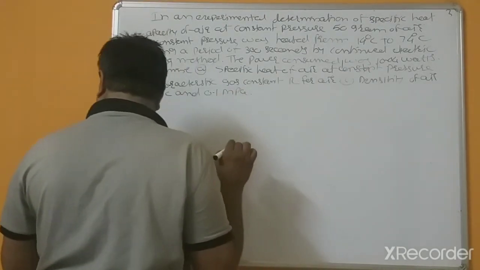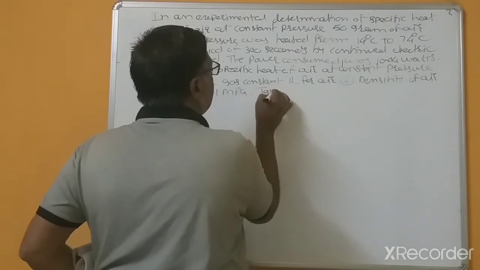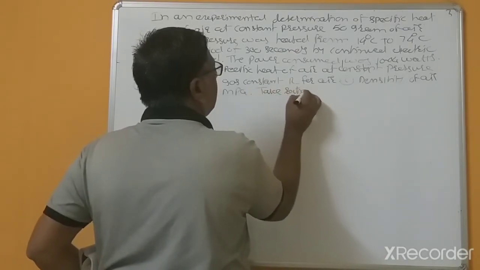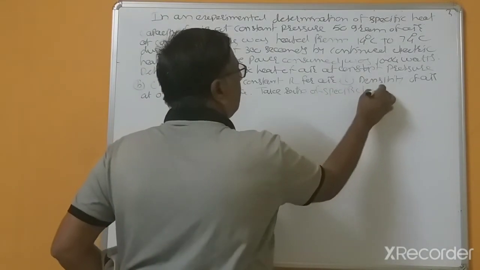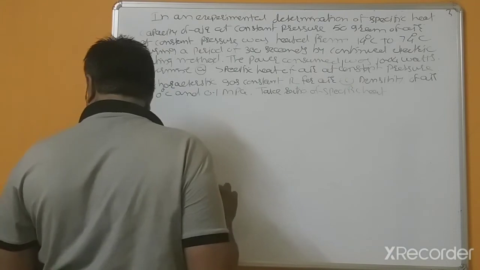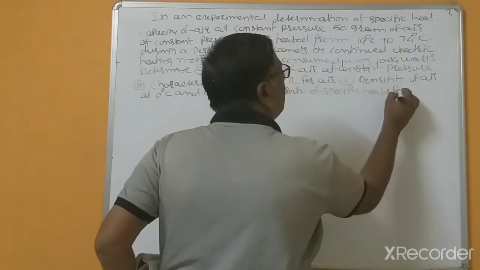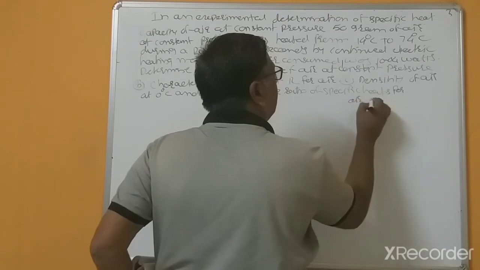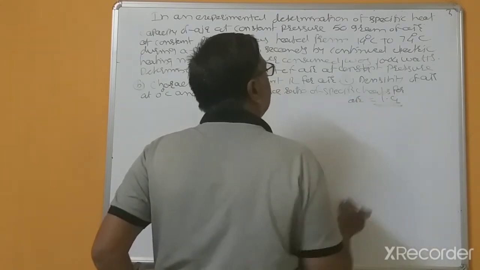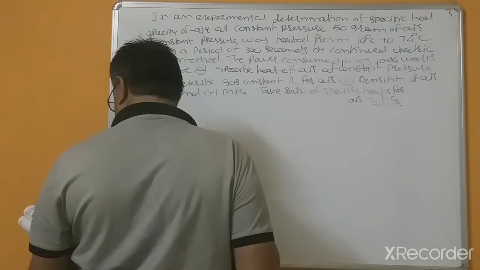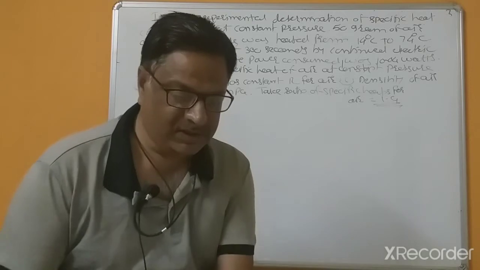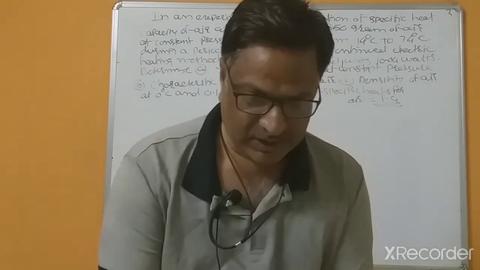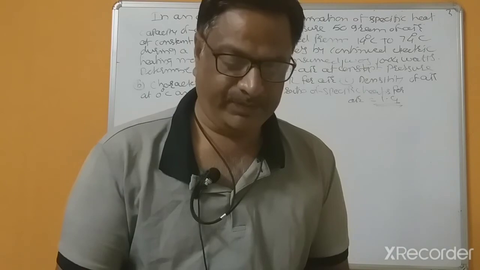Take the ratio of specific heats for air equal to 1.4. This means Cp divided by Cv is given as the ratio above.